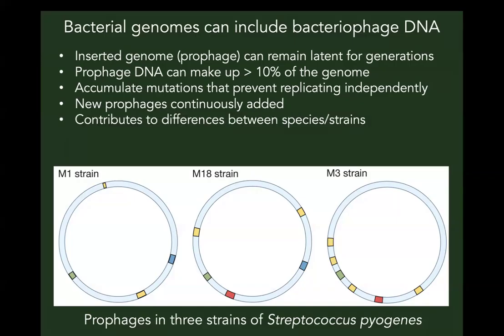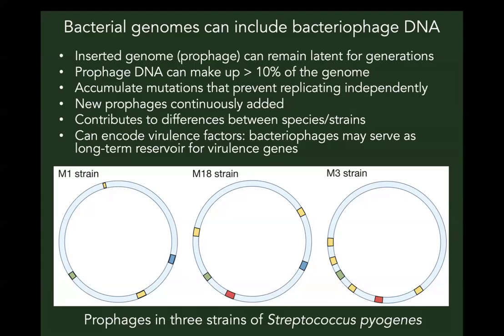And this is one way in which you get differences between species or strains of bacteria that we can easily detect. So here are three strains of Streptococcus pyogenes, and we can identify the M1 from the M19 from the M3 based on the number of prophages they've accumulated. Some of these prophages can encode virulence factors.